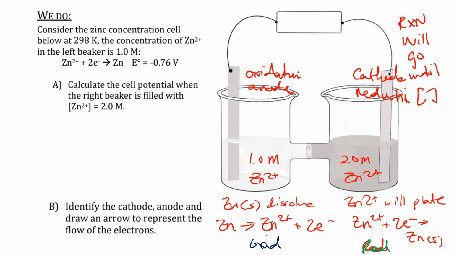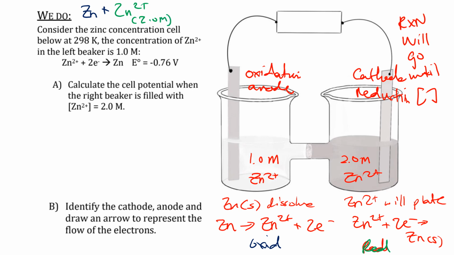Okay, so to figure out who is going to be the reactants and products, you have your zinc plus zinc 2+, and this is your 2.0 molar.